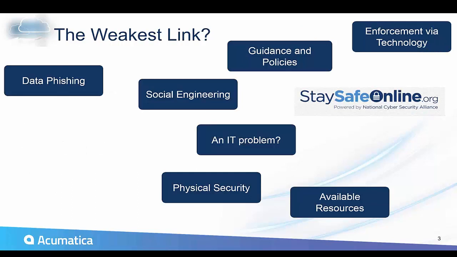So, what is the weakest link? Well, if you think about all of these different things that I have up here on this slide, when we think about data security, when we think about data privacy, we start having discussions about all kinds of different topics. And I have worked for some of the largest organizations in the world. My last 11 years I spent at SAP.